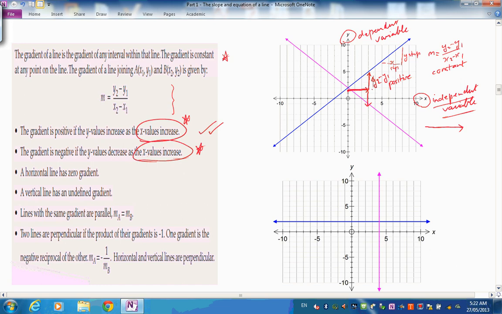And of course delta x is positive in both cases because we're talking about increasing the independent variable. But down here, y2 take y1 would be negative, because your second y is less than the first y.